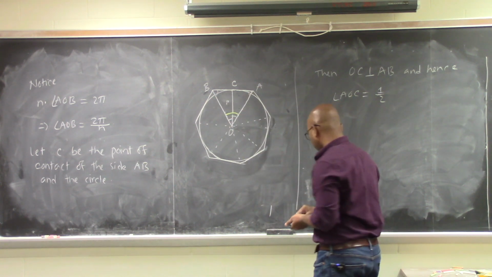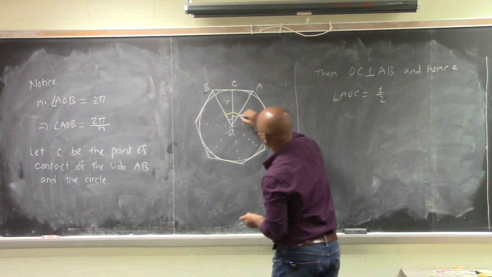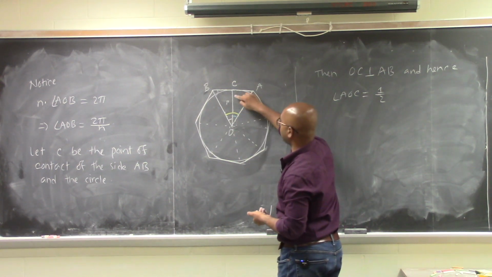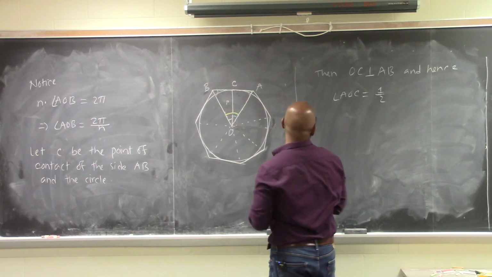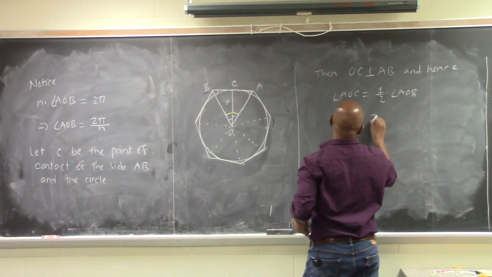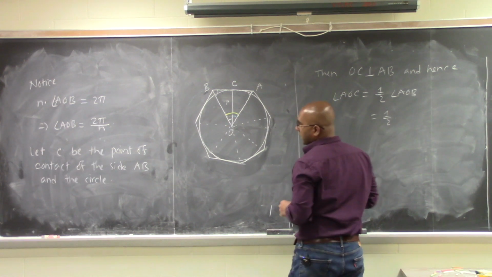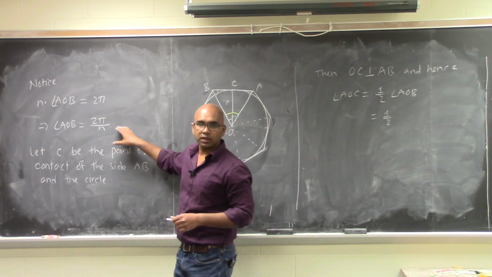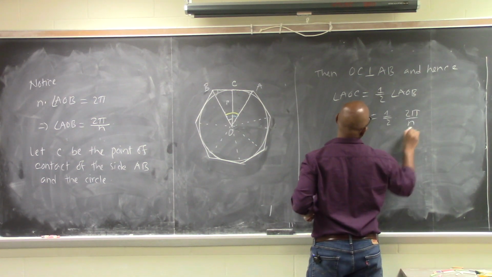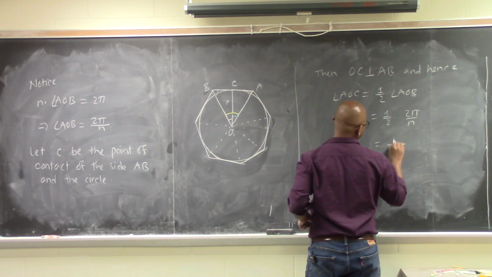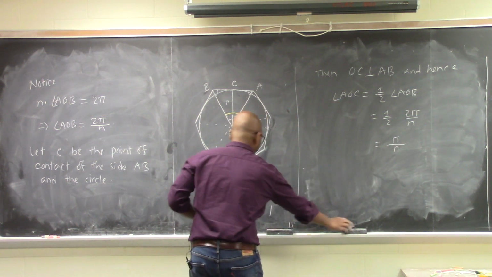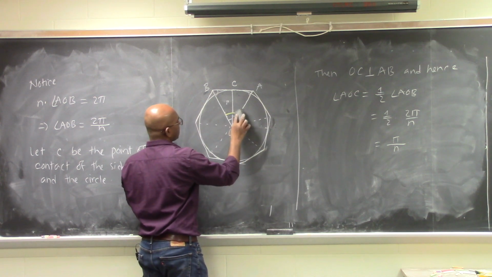Does it make sense? So this is AOB, AOC, and AOB is the yellow one. Okay, so this is half of the angle AOB. But what is angle AOB? That is 2 pi over n. So this is 1/2 times 2 pi over n, and you can cancel out 2 from top and bottom, so this is pi over n. Okay, so now this angle, the blue one, is pi over n.